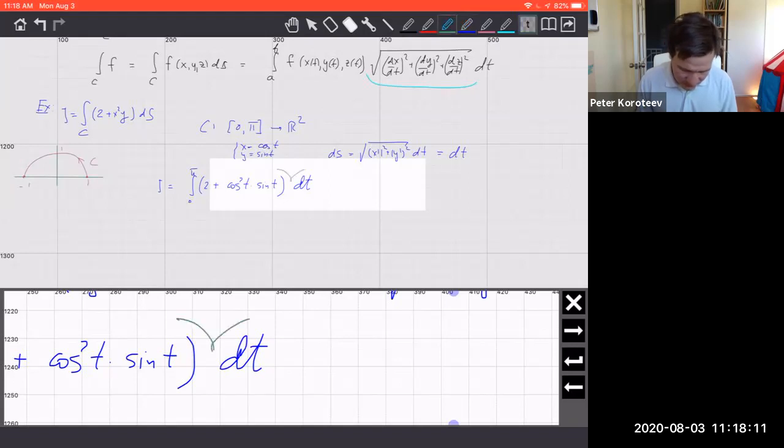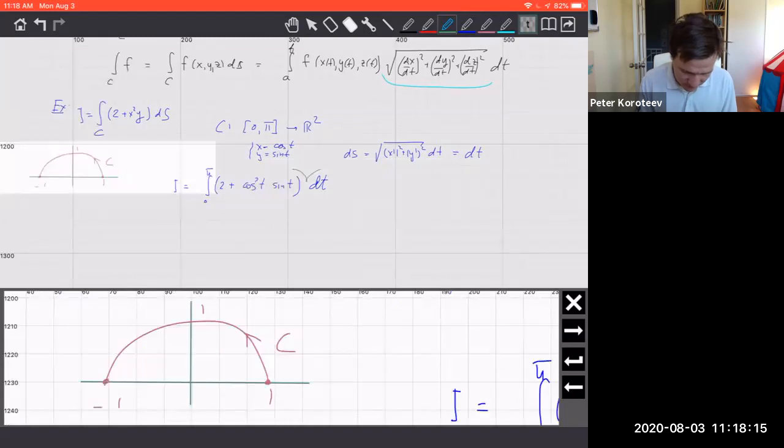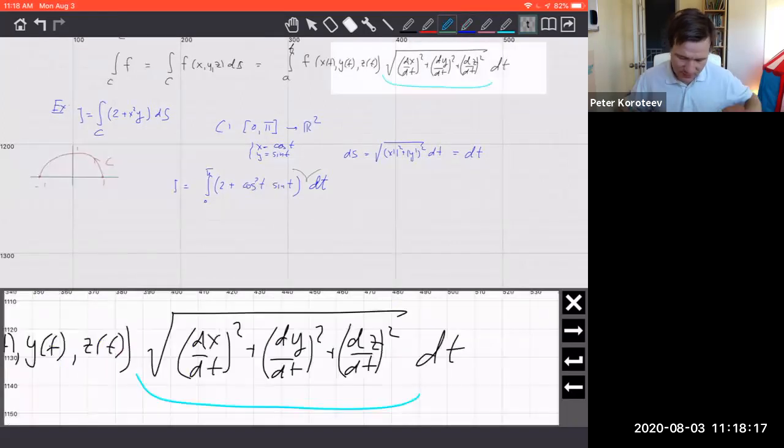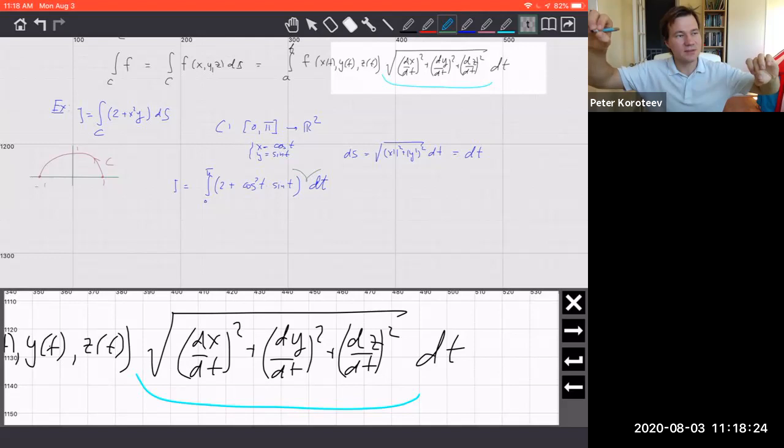And it's sort of understandable, right? In a sense, you can see the meaning of this square root: it describes how non-uniform the parametrization is. It's essentially how quickly the point moves on the curve as opposed to moving on the line from a to b.